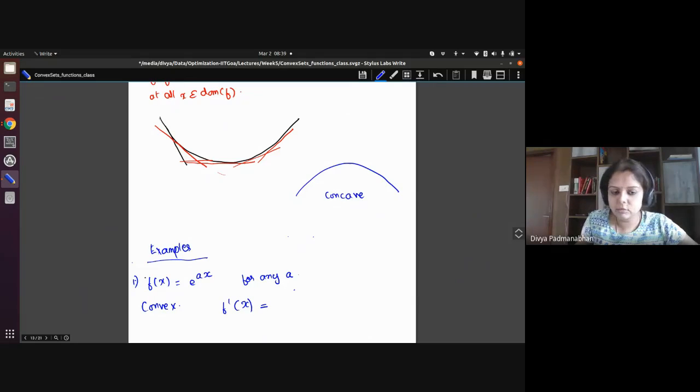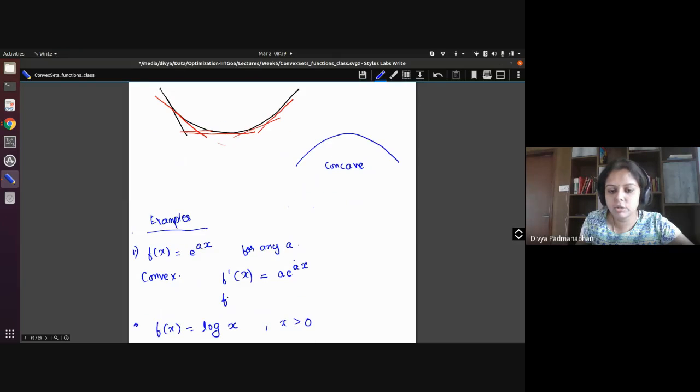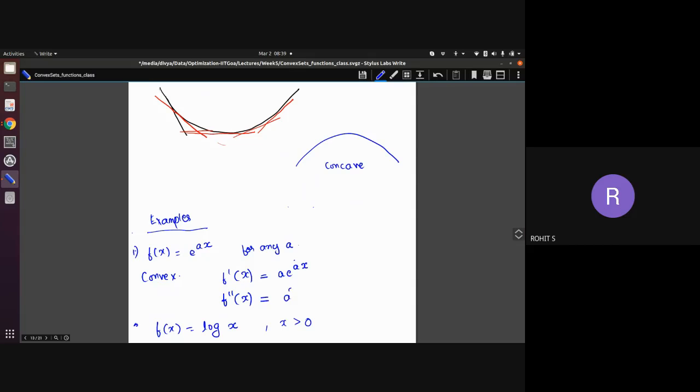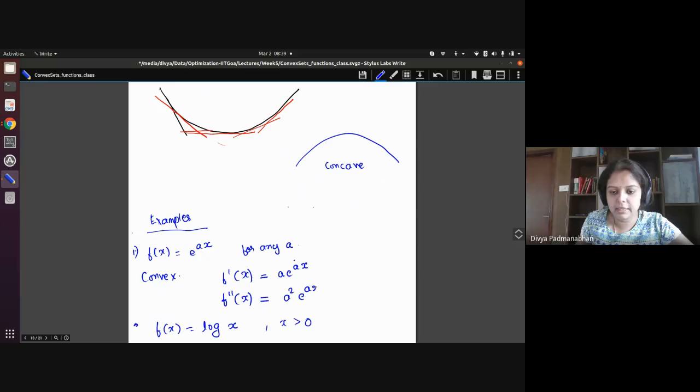A e power ax, right? And the second derivative is going to be a square e power ax. So this is always going to be greater than or equal to 0, and that's why it's a convex function.